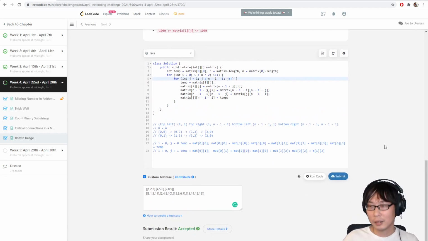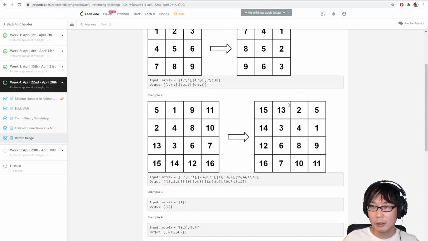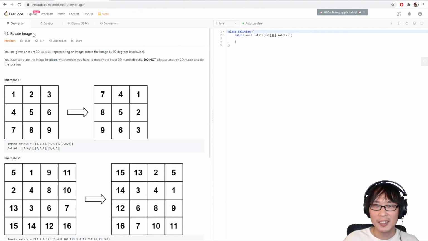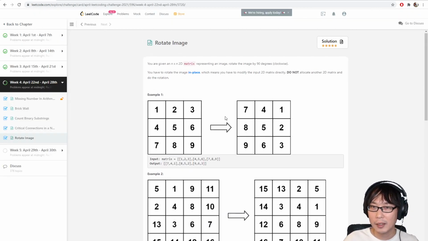Oh my god. Okay. So this is not hard. This is only a medium question and it's number 48. But wow, I spent more than 1 hour. More than 1 hour for this problem.